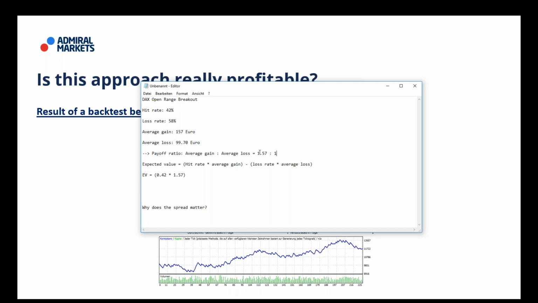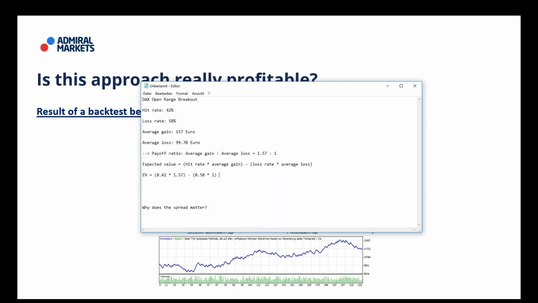In this case, it's nearly 1.6. You can round this up, so probably you come down to 1.58, but we go with 1.57 in this case. And from here, we subtract 58%.